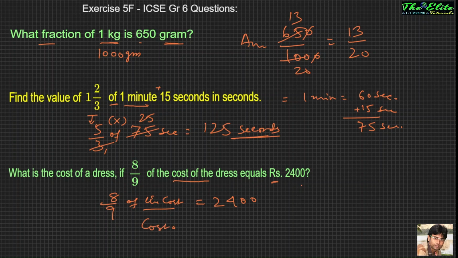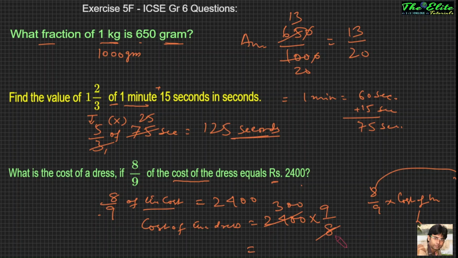Treat this as an equation where on the left hand side it is 8 by 9 into the cost of the dress, and on the right side it is 2,400. If we want to keep the cost here, we have to transpose this to the right hand side, and when it is transposed, it is written on that side as the inverse. So we will find this as 2,400 multiplied by 9 over 8. This is going to be 300 if you divide this, and 9 times 3 is 27. The answer needs to be written in rupees.